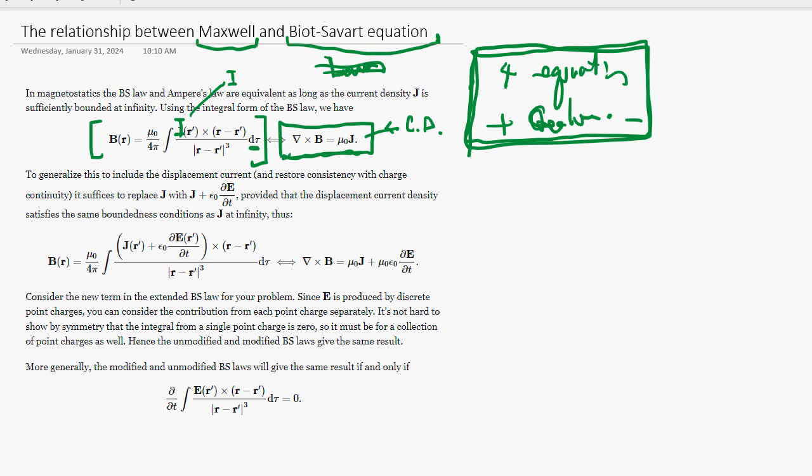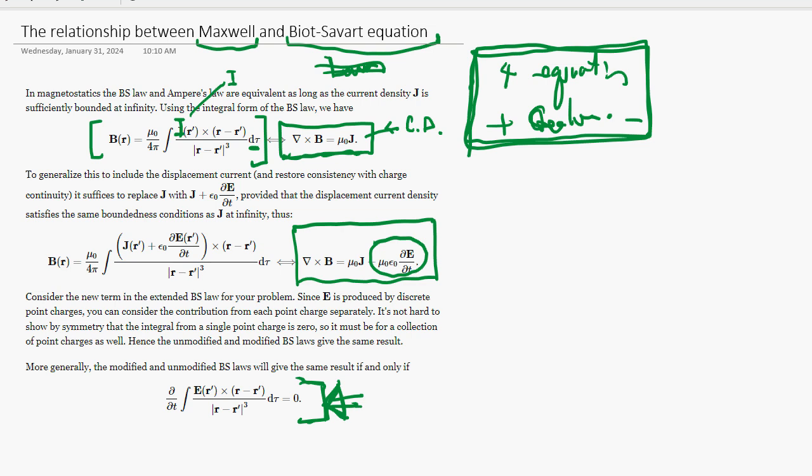So this person argues why this part is not in there in the Biot-Savart equation, and he is arguing Biot-Savart assumes this. Basically, there's no electric flux changing in the field, and he is correct.